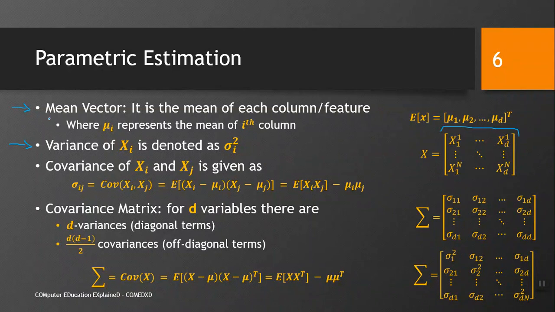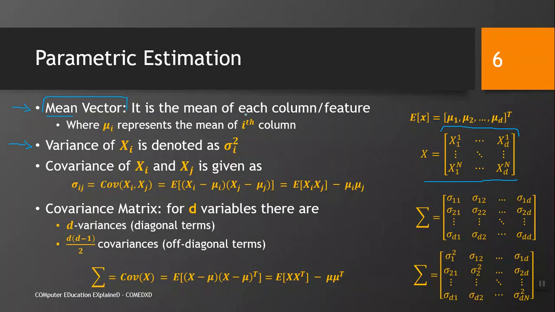For example, for the mean value we would not calculate a single mean; instead we will calculate a mean vector, a group of means. If we take the case of this data set, there would be mu1, mu2, up to mu-d, as the data set consists of d features. So, there would be d means, each mean corresponding to one feature.